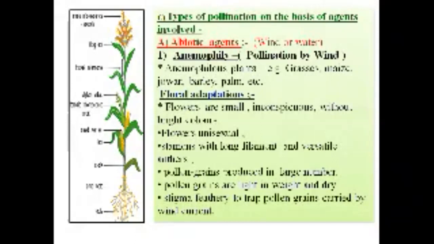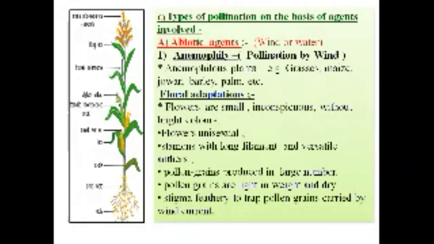Versatile anther. This anther spins or rotates along with the air current, and then pollen grains are liberated. Pollen grains are transferred along with the current of air or wind and then transferred from one flower to another.